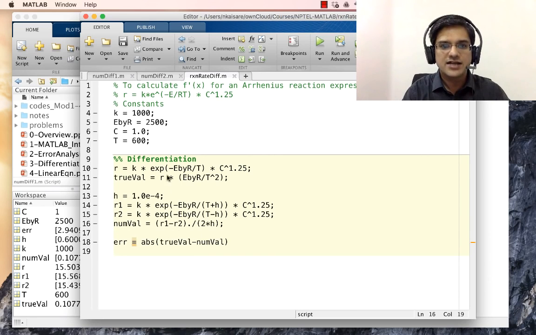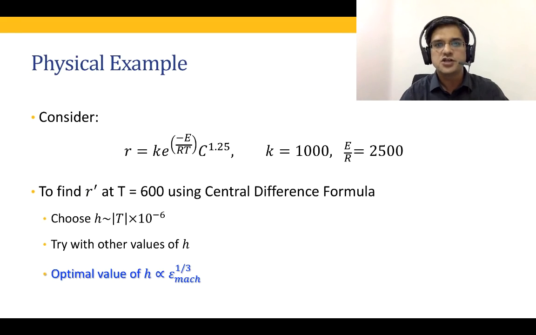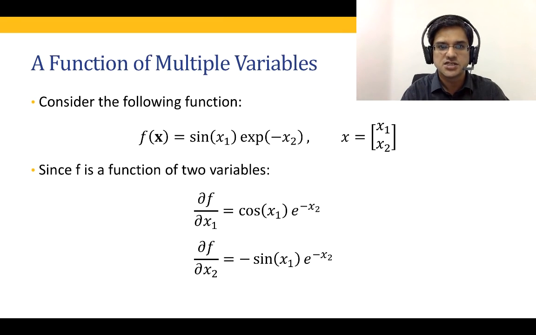So what we had done in this particular MATLAB code was we held the concentration value constant at 1.0 and varied the temperature to T plus h, T minus h, and found the central derivative. So that is what the definition of partial differentiation is.